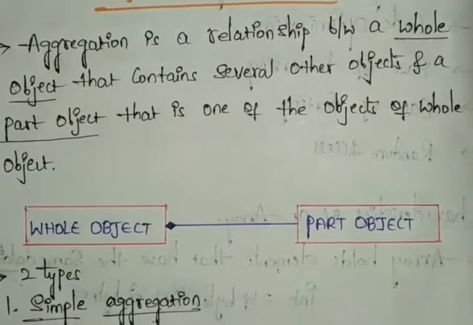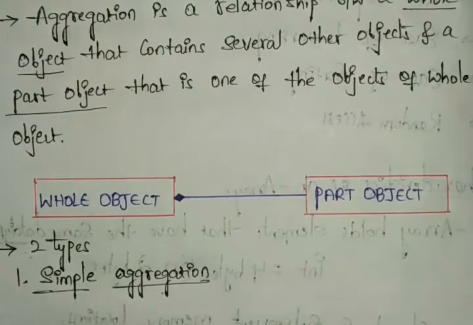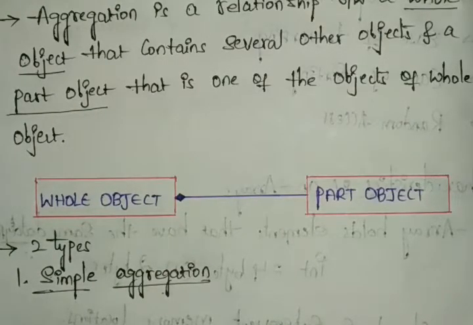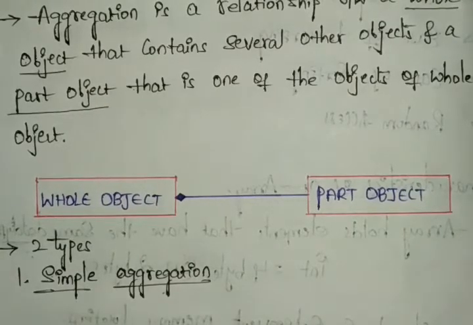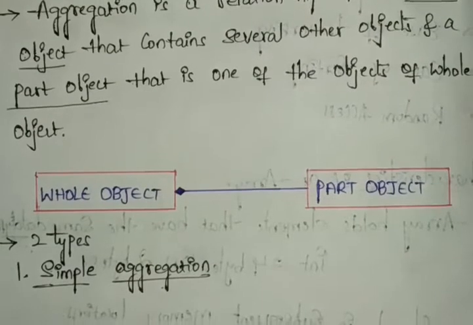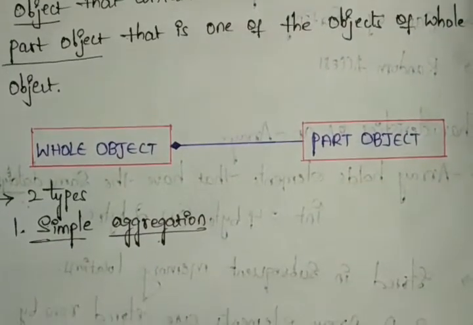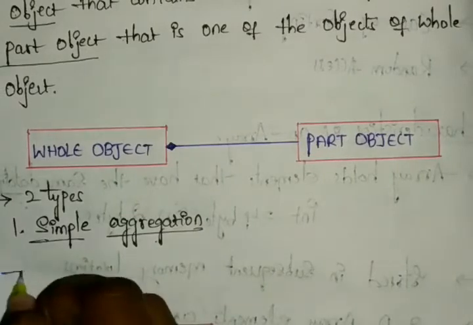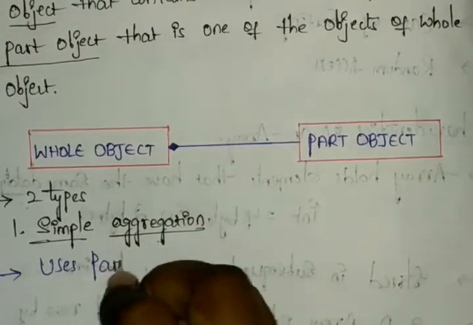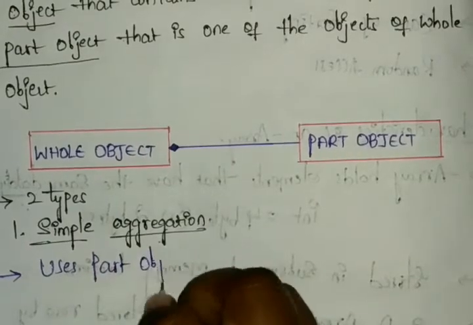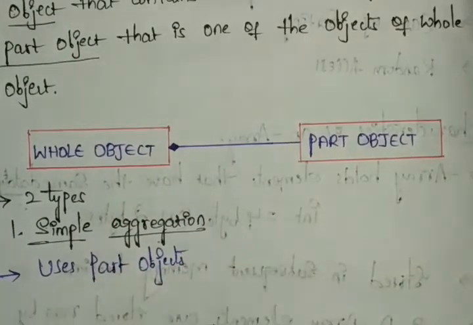Aggregation has two types. One is the simple aggregation and the second one is the composite aggregation. If you are performing the simple aggregation, it uses part objects. These parts will be in the form of our whole objects only, right?